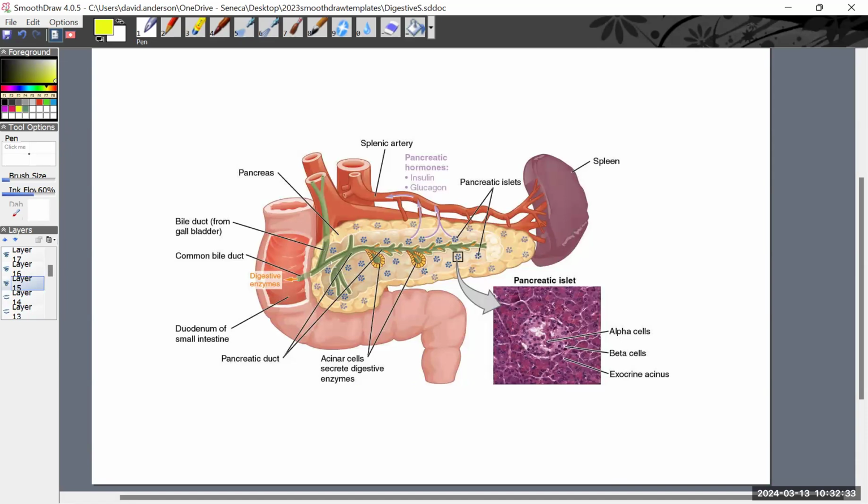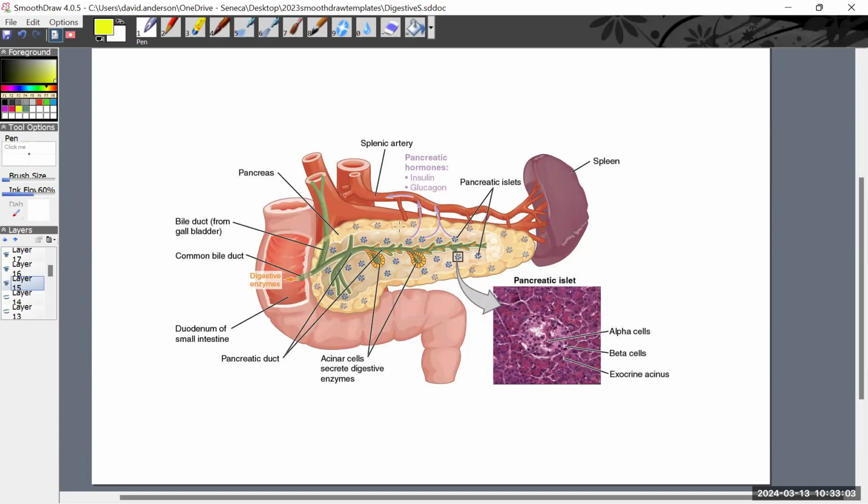You see how it's related to the duodenum, how close it is to the duodenum, receiving bile from the common bile duct. This would be our cystic duct. This would be the common hepatic duct up here, draining from the liver, and draining from the gallbladder in this case, joins together with the pancreatic duct to enter into the duodenum.